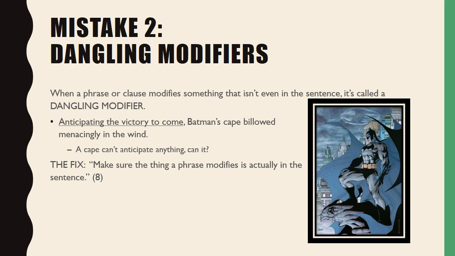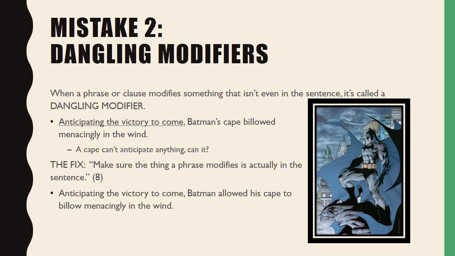We can do that like this: "Anticipating the victory to come, Batman allowed his cape to billow menacingly in the wind." So instead of the sentence being about Batman's cape, the sentence is now about Batman. And so the adjective phrase "anticipating the victory to come" is connected to Batman, who is also allowing his cape to billow menacingly in the wind.